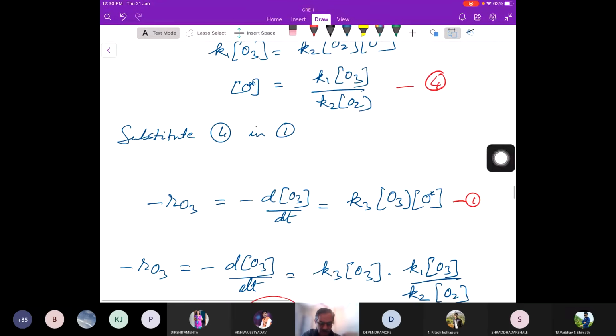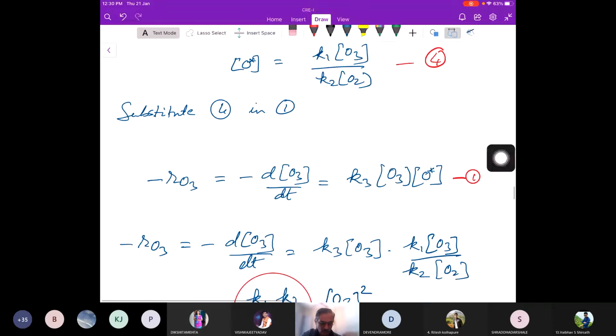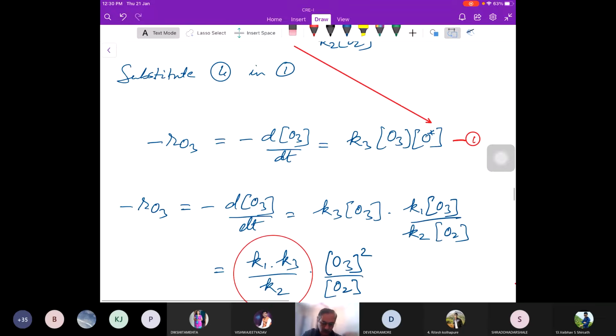So we take this equation 1, यहाँ पर O star यहाँ substitute किया, and what we get is this equation: minus RO3 is equal to minus dO3 by dt is equal to K3 into O3, और यहाँ पर substitute किया तो K1 into O3 upon K2 into O2.